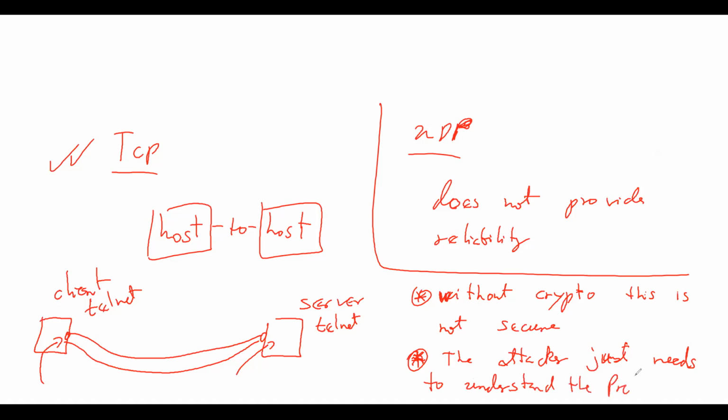That's all that is needed, to understand how the protocol works. Before we start talking about this attack or that attack, we want to go at a more fundamental level and ask: what are the things the attacker can do? That's really all we want to take a look at.